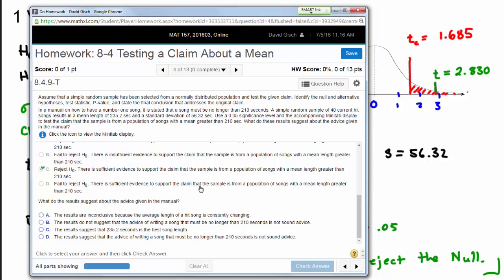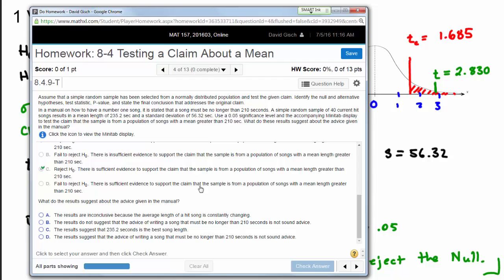There's that last part. That last part's a little subjective. So what do results suggest about the advice given in the manual? The results are inconclusive. The results it's just evidence. Let's see here. I always hate this because you gotta go back and recheck everything here.